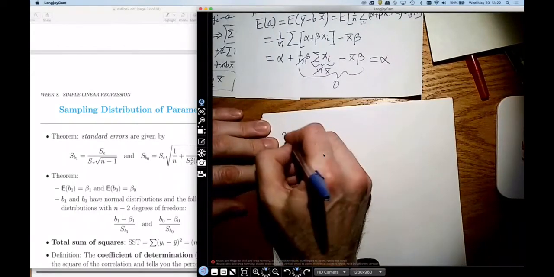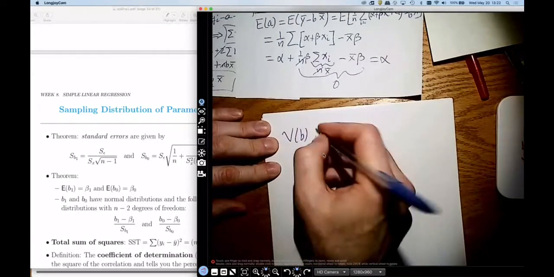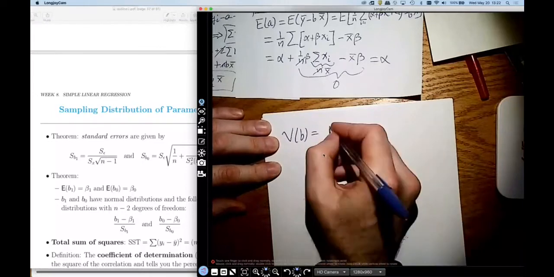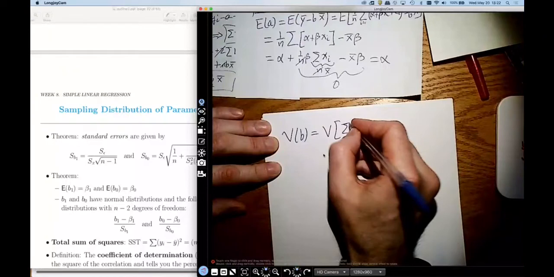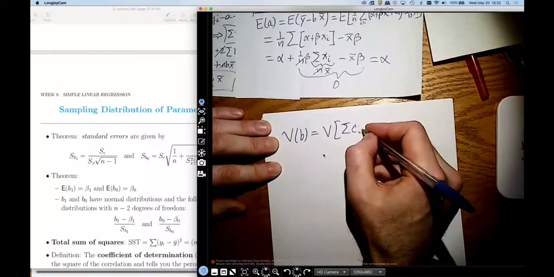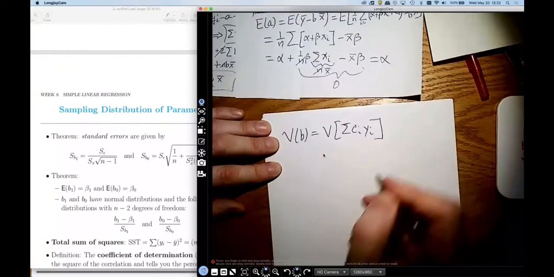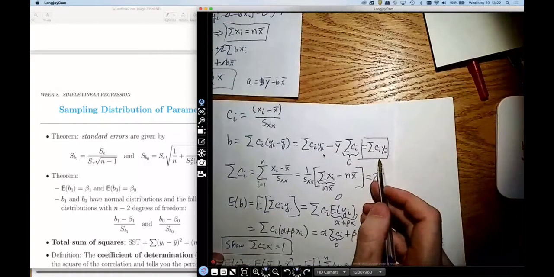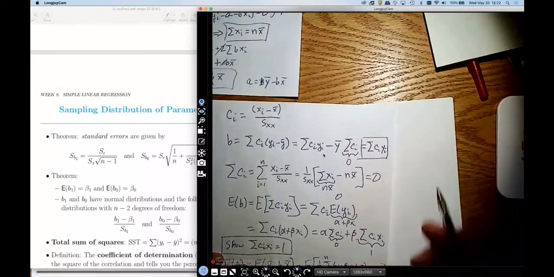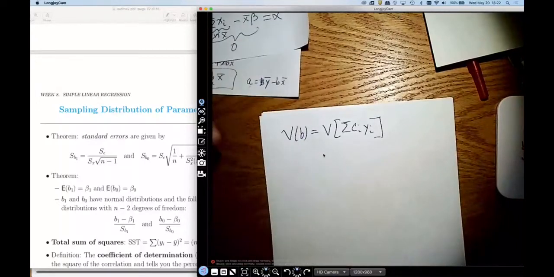What is the variance of B? Well, the variance of B is going to be the variance of the sum of Ci times y sub i. Where did I get that? Well, that was this convenient form for B that I've derived.